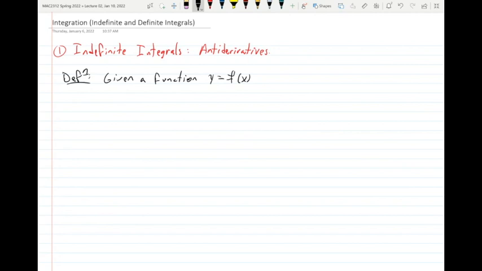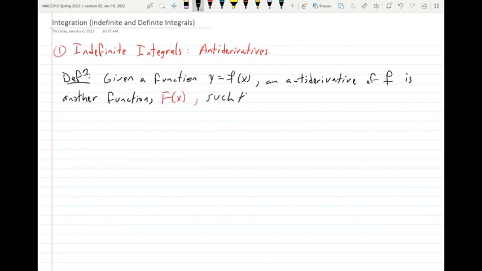Do you understand this? And that's basically what you do when you're calculating an indefinite integral. You're finding all possible antiderivatives of any given function, okay? So that's what we're looking for. So given a function, little f, an antiderivative of f is another function, let's call it capital F, such that the defining property is that if I take the derivative of capital F, I get little f.